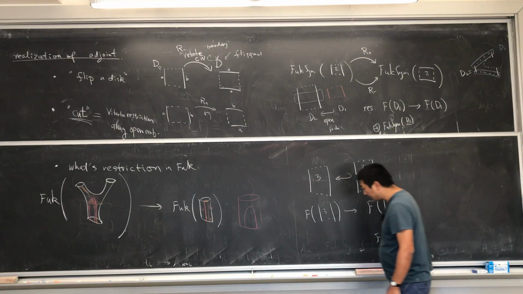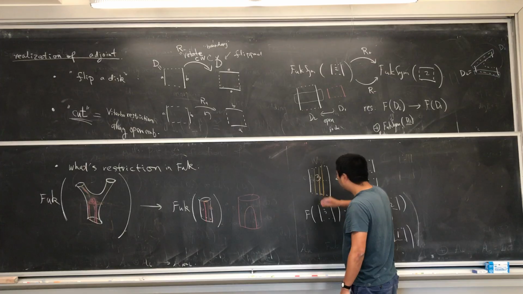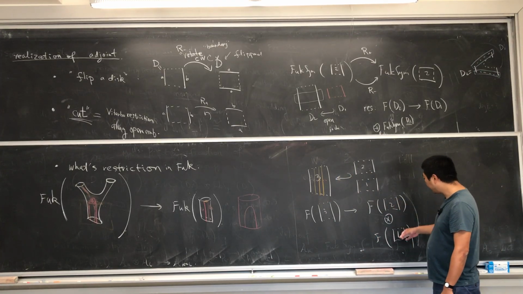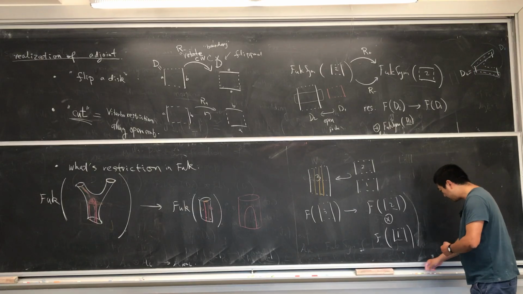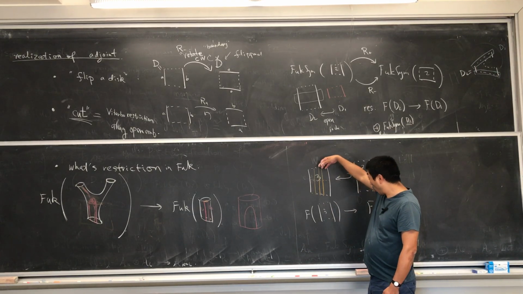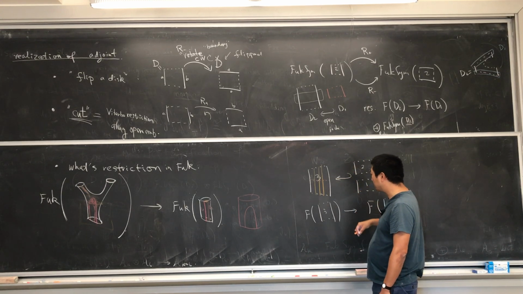Okay, so on object level, what's going on? Suppose I have a Lagrangian in here. It's like these 3 straight lines. So to restrict it to here and here, let me draw pictures. You can just decide which points stay on the top portion, which points stay on the bottom portion.